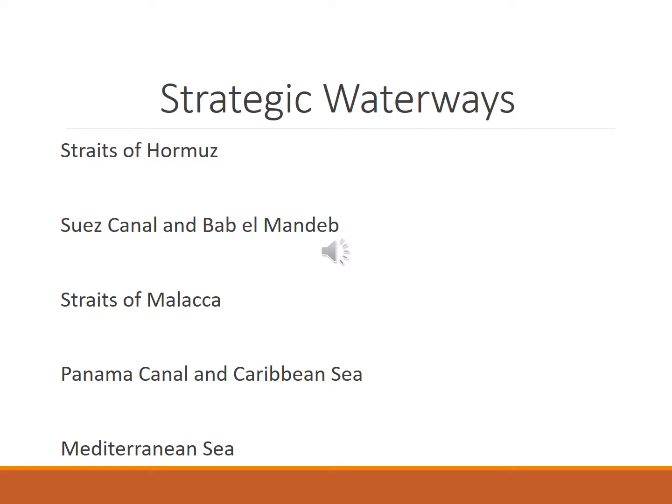Indeed, we can identify what we might call a handful of strategic waterways. These are areas where major shipping routes come very close to the coastline of particular countries. And in many places, like the Panama Canal and the Caribbean Sea, this isn't a big deal because none of these states have an interest in interfering with any of this shipping.